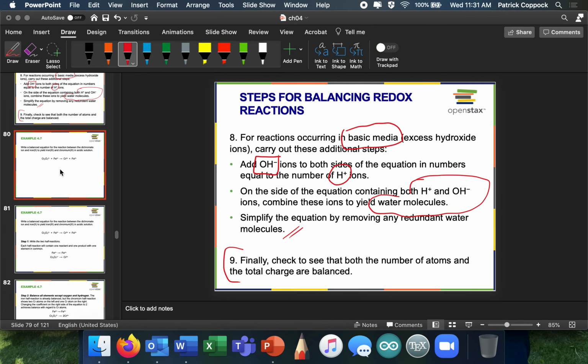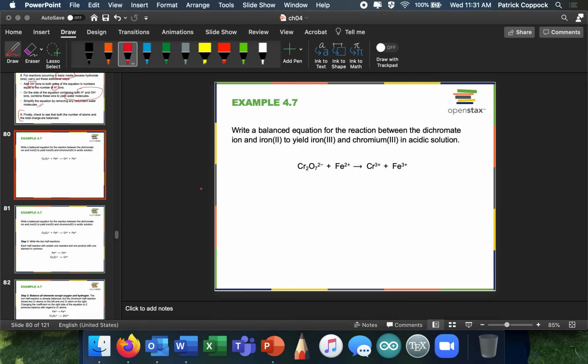So, all right, here's an example. First thing we do is we divide things up into the half reactions. So one half reaction is Fe2+ goes to Fe3+. And we'll do the other half reaction as Cr2O7 2- goes to Cr3+.